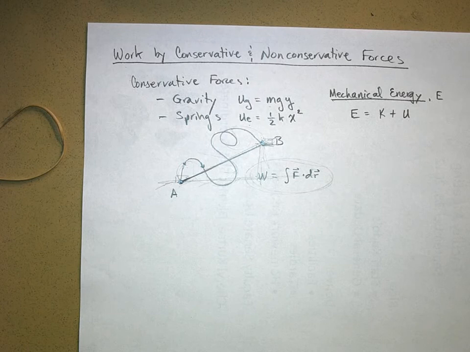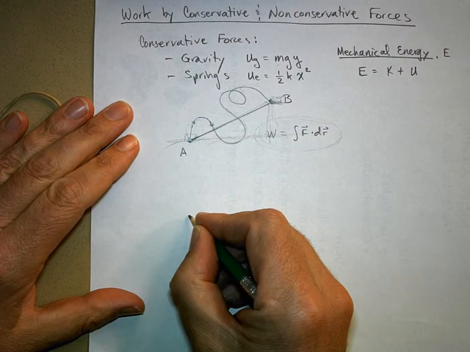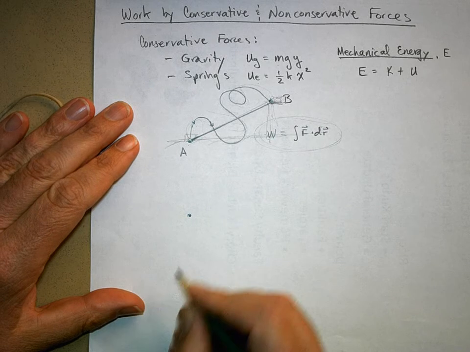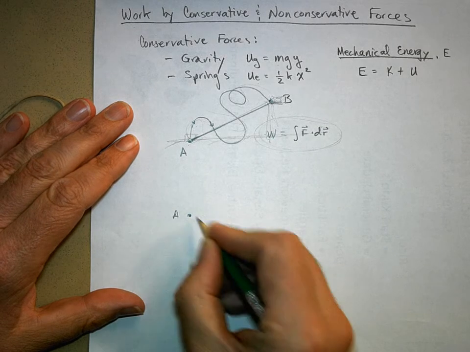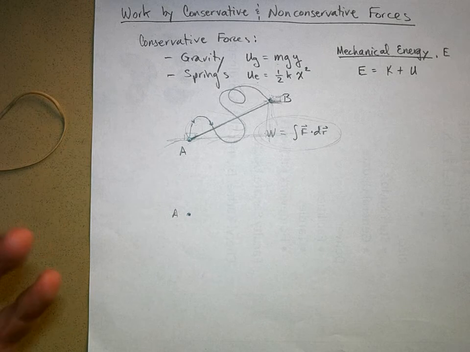Here's another characteristic of conservative forces: if I end up where I started, that is, if I start at point A and I end at point A, the work done by a conservative force will be equal to 0.